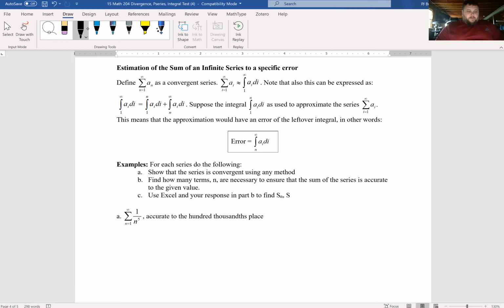Depends if you're building a bridge or sending a rocket to Mars, depending on what kind of precision you need. So this allows us to say, okay, I've got a sum, I'm trying to solve some problem, and I want to be this specific in terms of how accurate I want to be. So how many decimal places?